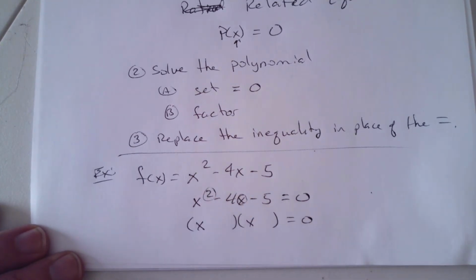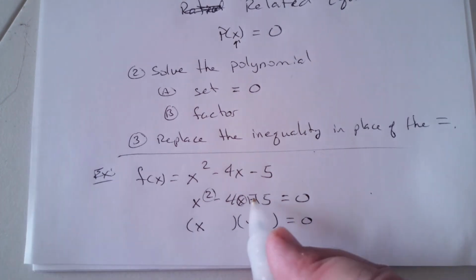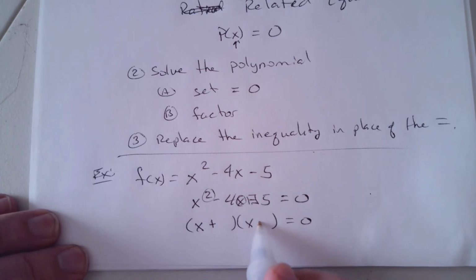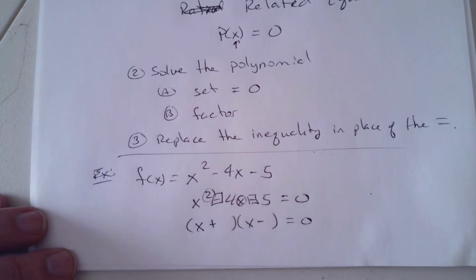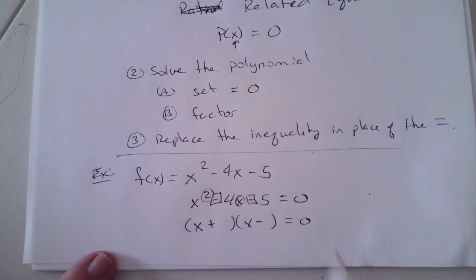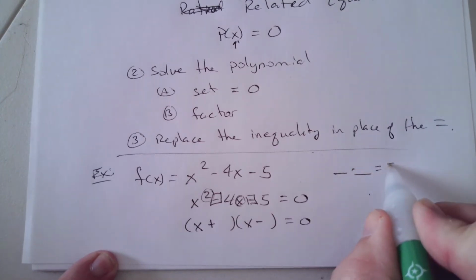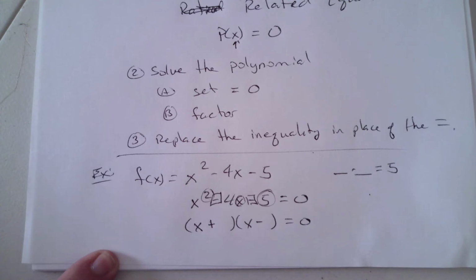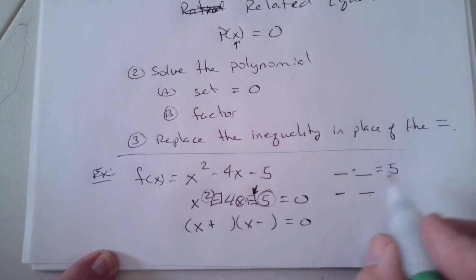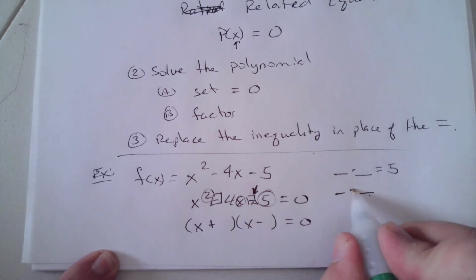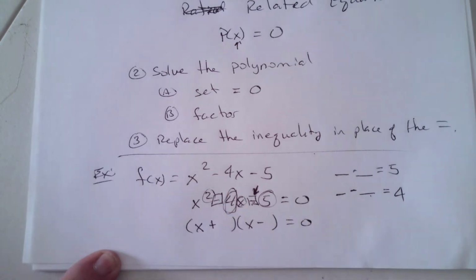I have two of them. The second sign is a negative, so that means the signs are different. One's a plus, one's a minus. The bigger number gets that first sign. So, what times what equals 5, this last number, and when you subtract them, it equals 4, the middle term.